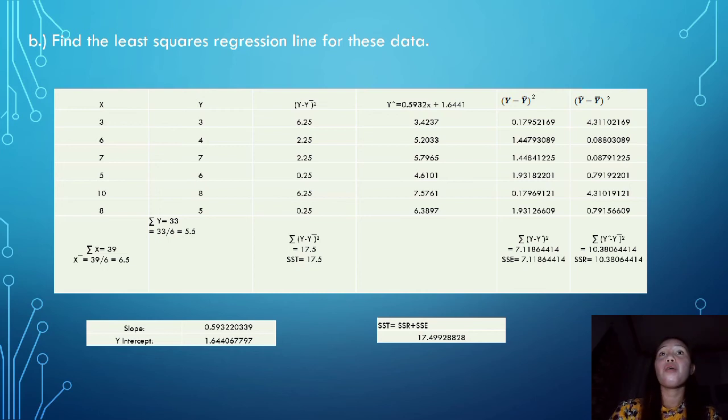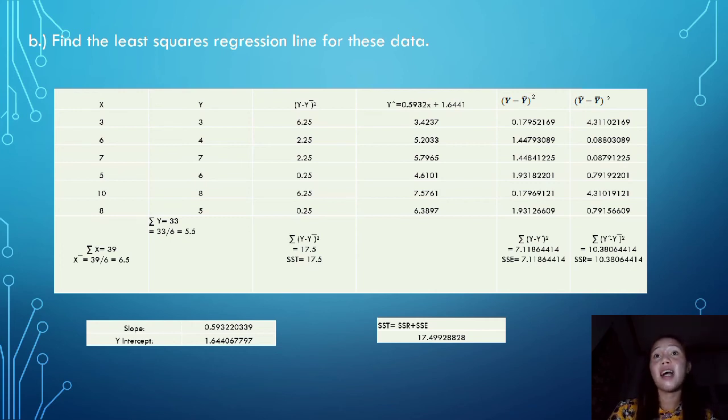The y hat for the first data is 3.4237. So 3 minus 3.4237, then squared. So we come up with the result of 0.1795269. Same process to come up with the sum of the squared errors. Add all 6 data and the result is 7.1186441 or 7.12.